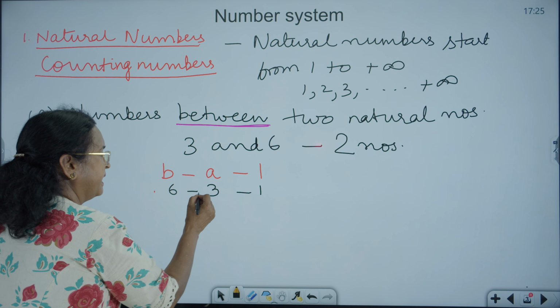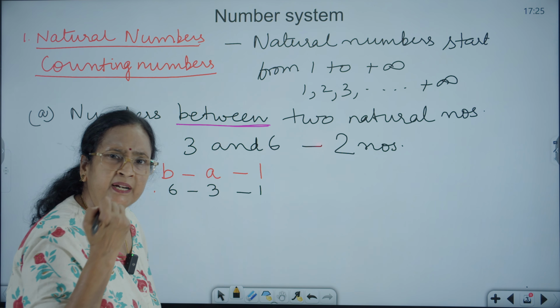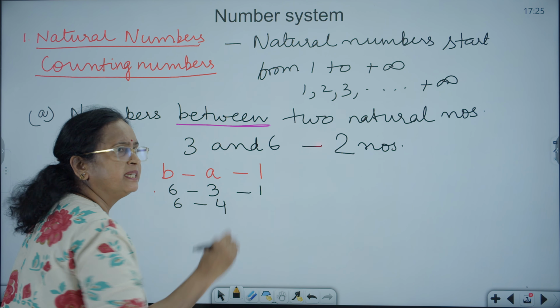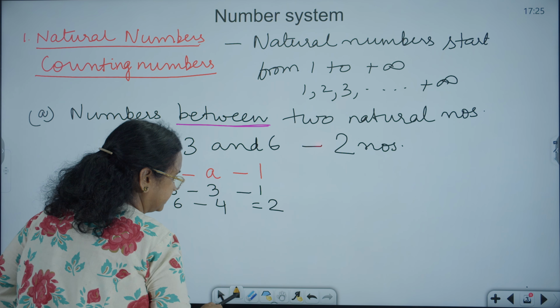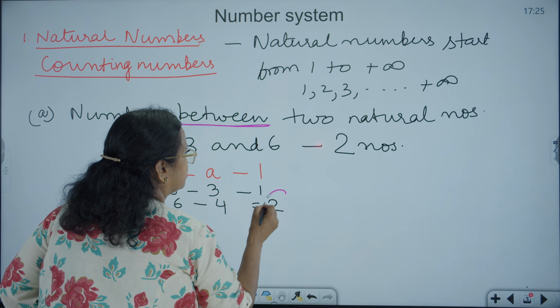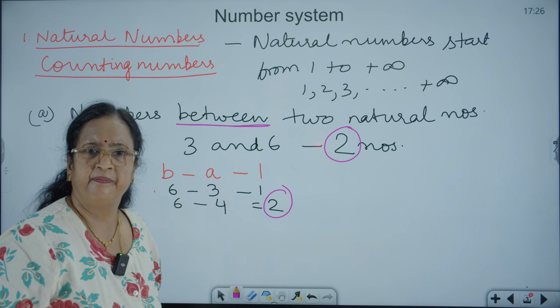Minus 3 minus 1, minus and minus, sign minus, number plus. So, 6 minus 4, that is 2. So, we got the same answer, isn't it? The answer is the same, 2, alright.